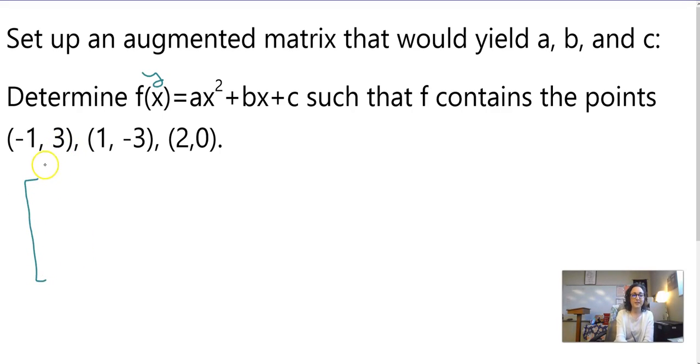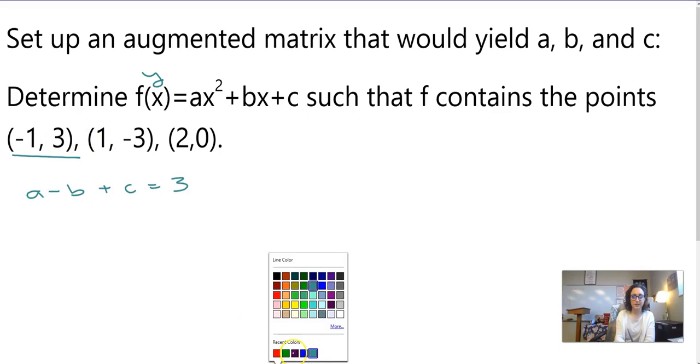I'm going to plug in -1 for x. That is going to give me a times -1 squared, so that'll be a, plus b times -1, so that'll be minus b, plus c, and that equals y, which is 3.